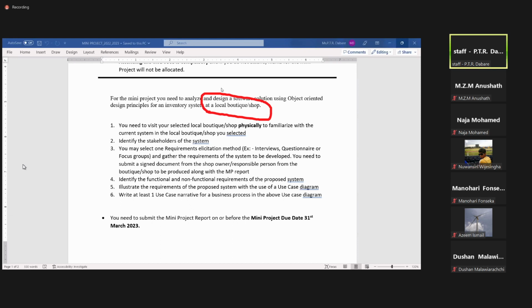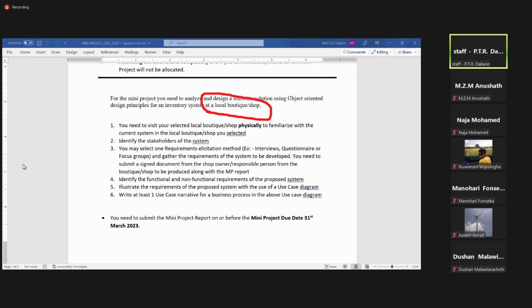But these things, whatever you want, like letters and all, I'm not going to put on the LMS again. You have to take them down. You have this mini project question, and the question says it very clearly.